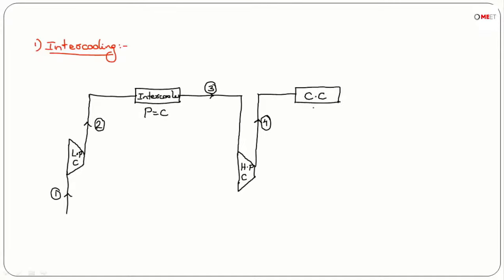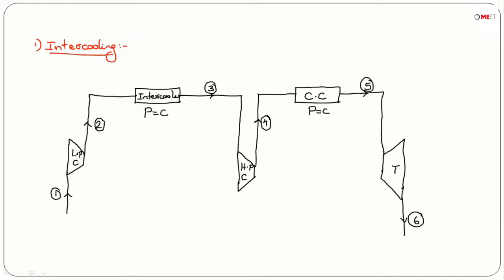In the combustion chamber at constant pressure heat is added, and as a result the temperature increases, and now this high temperature and high pressure air enters a turbine, where expansion of the air takes place, and this comes out at condition 6.